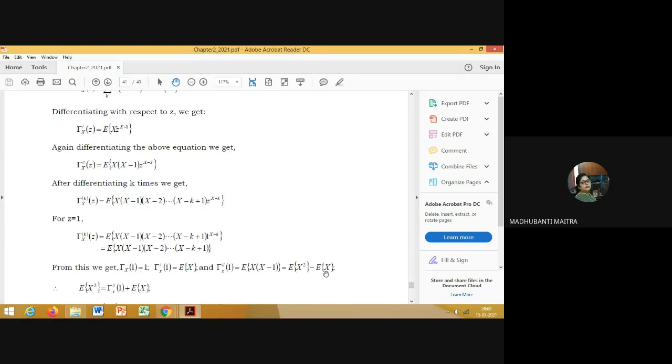So this expected value of x square can be computed from this expression, that means tau double dash 1 plus expected value of x. That will give us the second moment about the origin, isn't it? This one was the first moment, but the second moment about the origin is equal to tau double dash 1 plus E x.